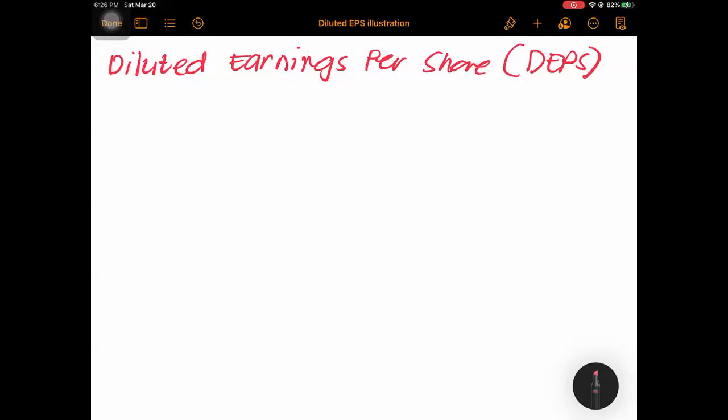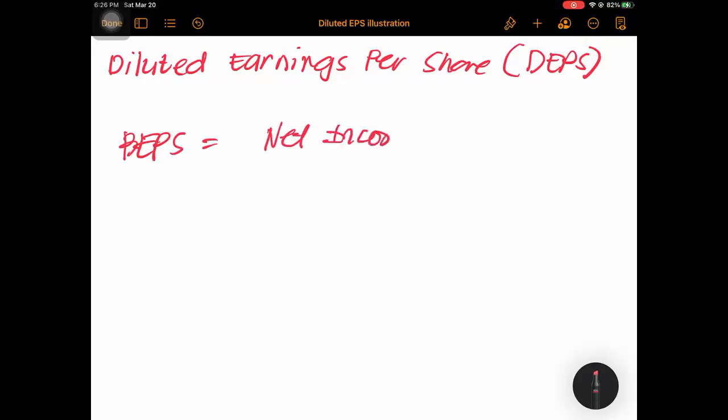Okay, so the net income minus the preference dividend is simply divided by the number of ordinary shares outstanding, or by the average shares outstanding, whichever is appropriate. In the computation of basic earnings per share, our formula starts with net income.